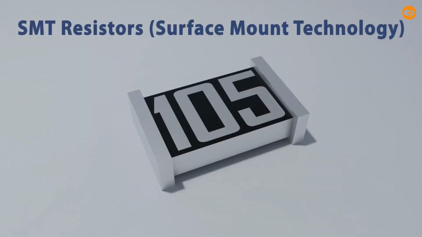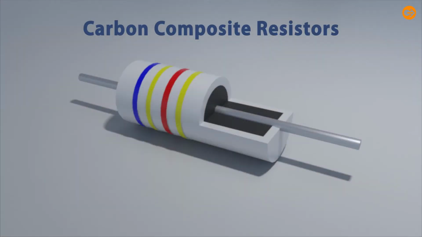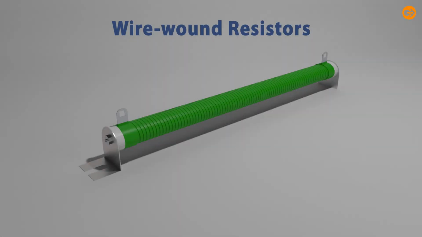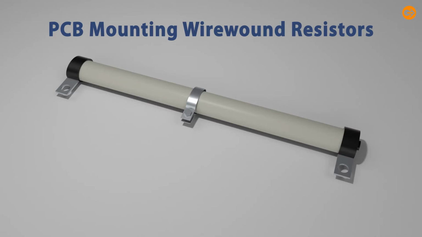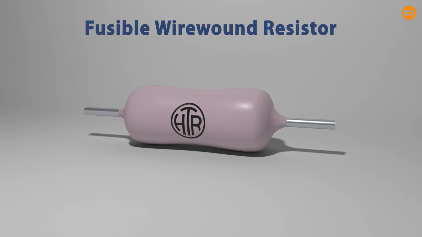These are SMT resistors, surface mount technology resistors, carbon film resistors, carbon composite resistors, watt resistors, wire wound resistors, metal film resistors, PCB mounting wire wound resistors, high power metal film, fusible wire wound resistors.